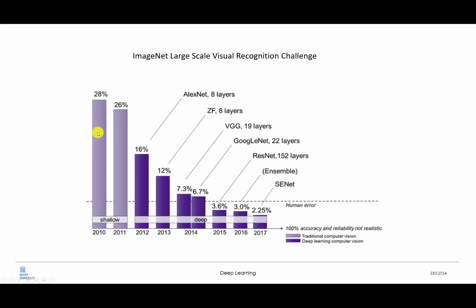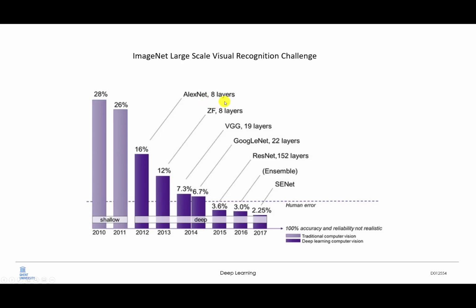And so you can see that up to 2011, we had classical machine learning approaches where we were very happy to achieve error rates of 26%. And then came LeCun with his AlexNet. So this would be the first or one of the first published convolutional neural networks.